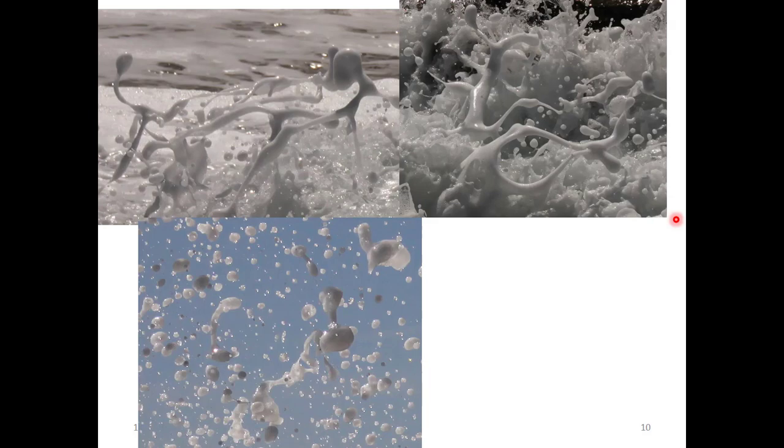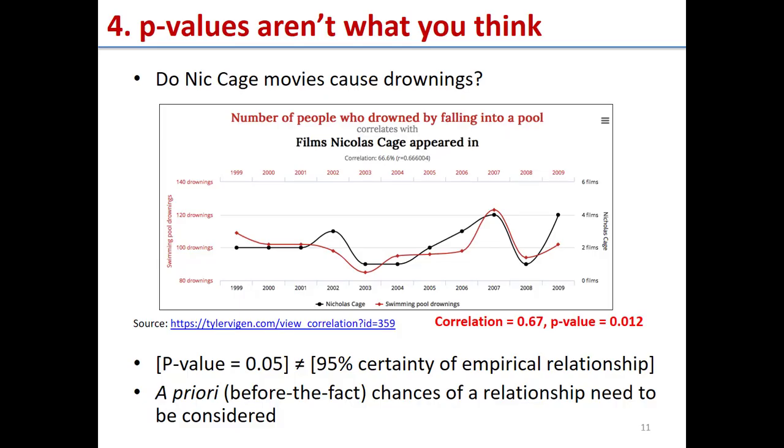Okay, well, that same logic went into this right here. This is a correlation done by Tyler Vigen, where he correlated the number of people who drowned by falling into a pool in a given year with the number of films that Nicolas Cage appeared in. And look at that, it's a pretty good correlation.